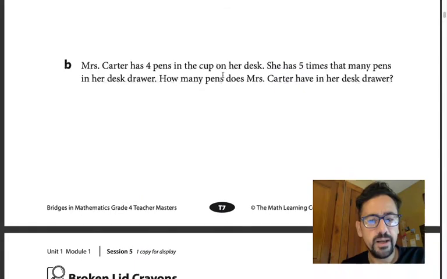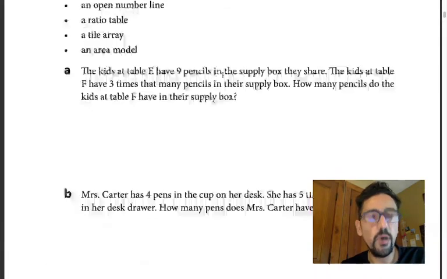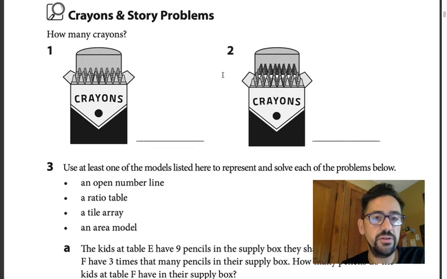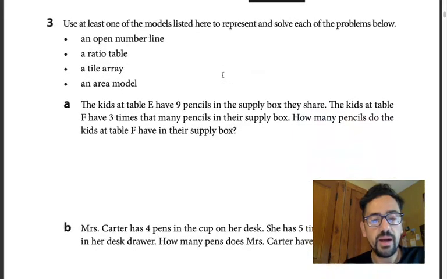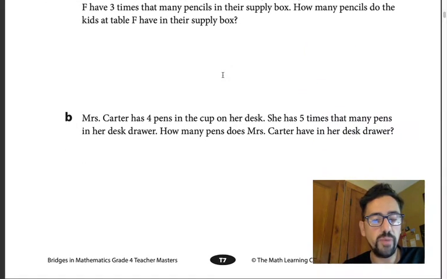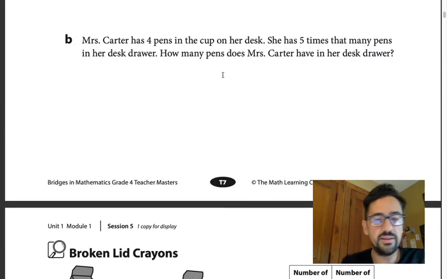It's called Teachers Masters. Once you open it up, go to page T7. Look at this, it's right here, T7. I'll wait for you a second while you open it up. You can pause the video right here.